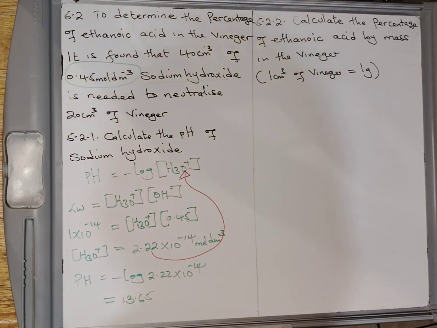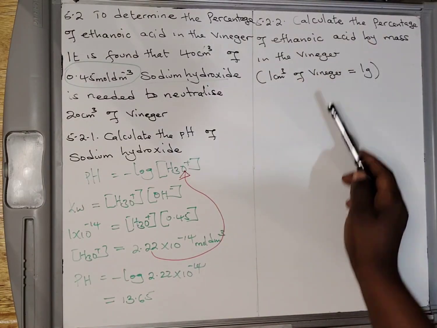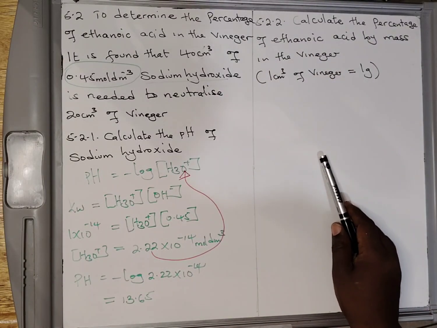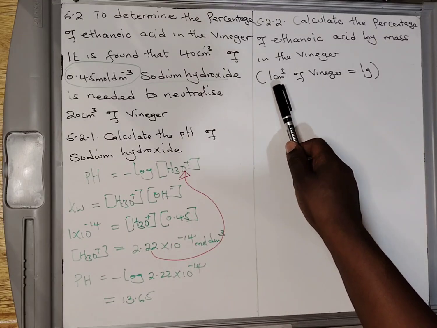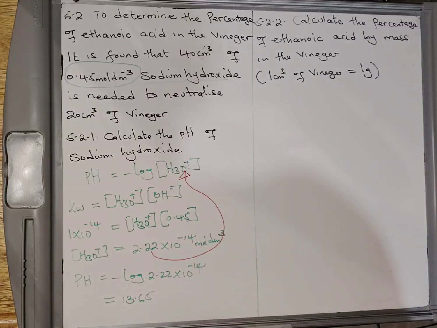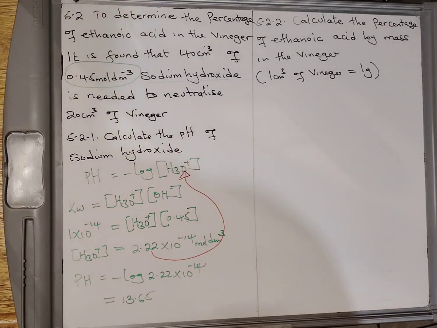Then comes this question, 5.22. It says, calculate the percentage of ethanoic acid by mass in the vinegar. How do we do this? They said 1 cubic decimeter of vinegar is equal to 1 gram. Like always, we are going to use a stoichiometric approach.